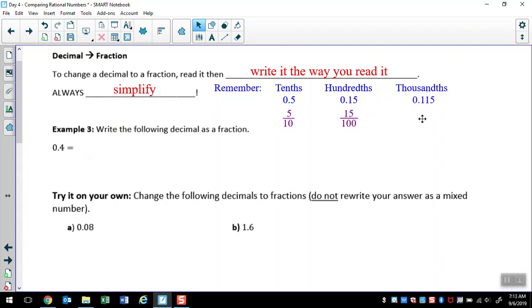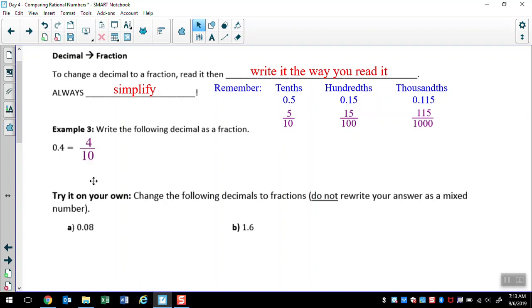Thousandths, I've got 115 thousandths. That 5 is in the thousandths place, so 115 thousandths. So I would write it like that. All right, so now let's come down to this one. We look at what place that 4 is in. It's in the tenths, so that would be 4 tenths.